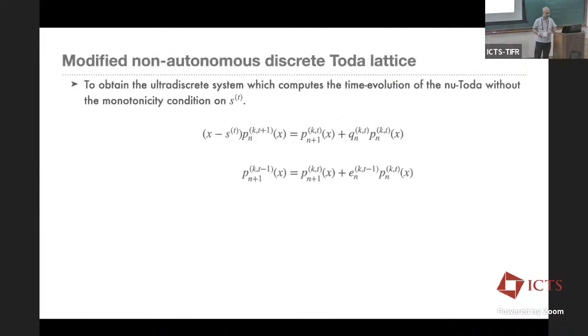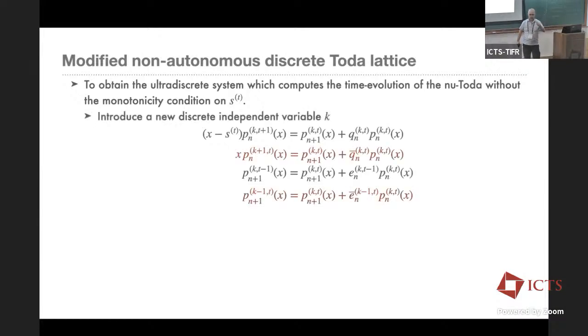So in some sense, we can compute this flow of generality of S of t by using some modified non-autonomous ultra discrete Toda. So it means that we have introduced here some auxiliary independent variable k.